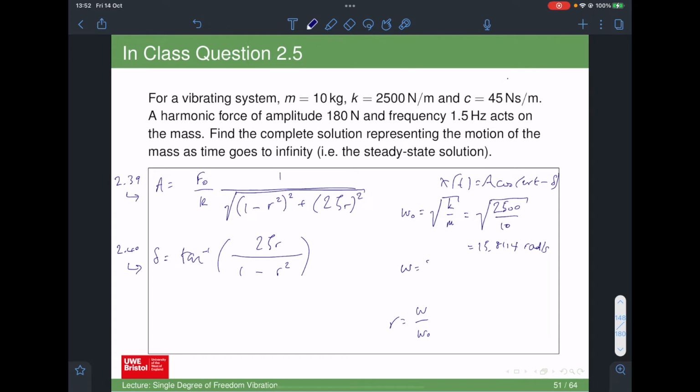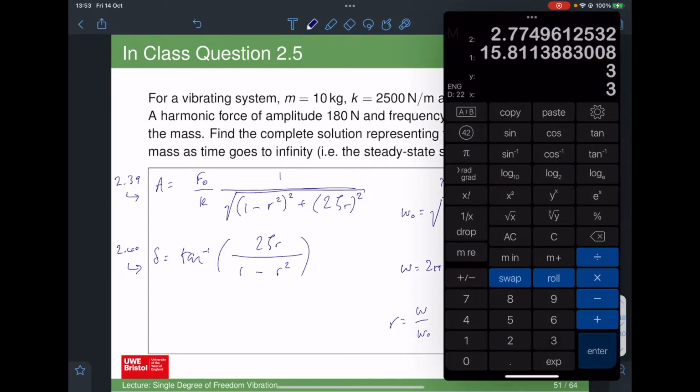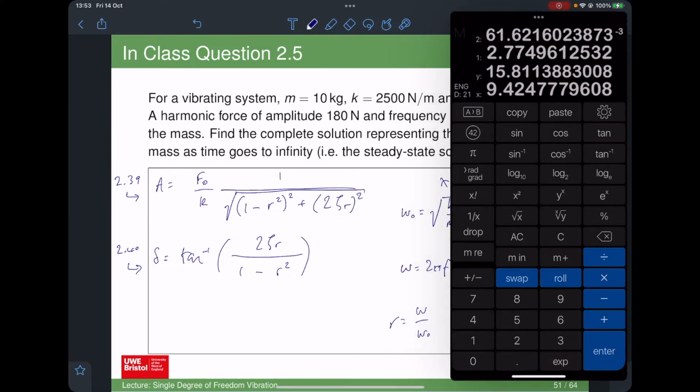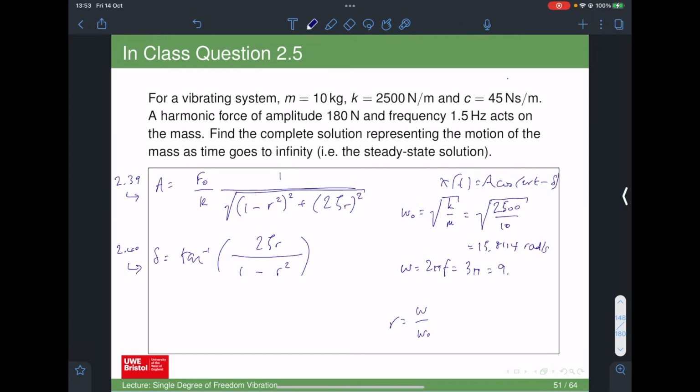The driving frequency omega is 2 pi times the frequency in hertz, so that's 3 pi, which comes out to be 9.4248.